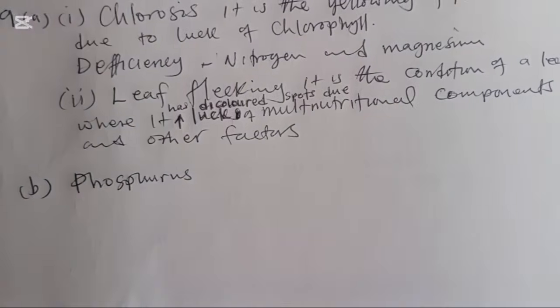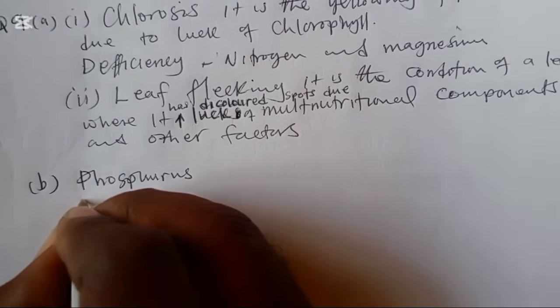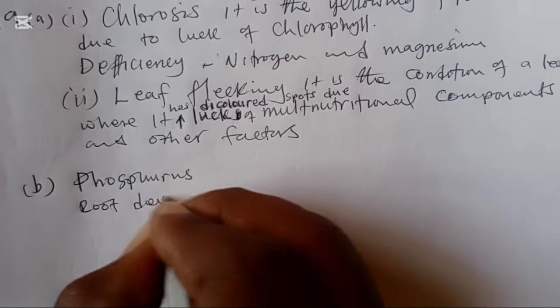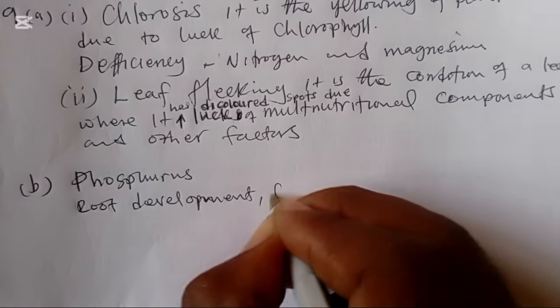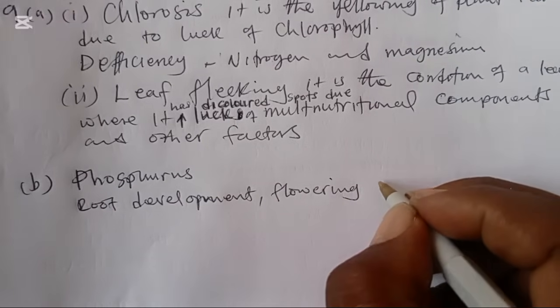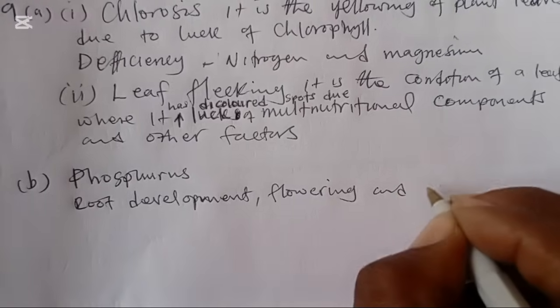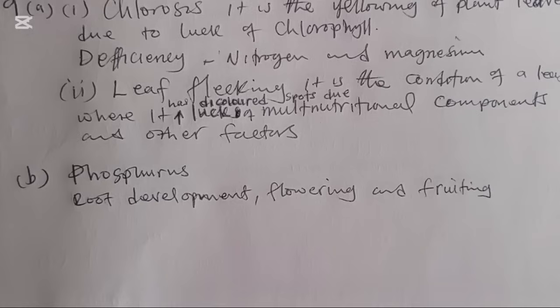So the function of phosphorus is for flowering in plants, for fruiting, not forgetting for root development. So that is the function of phosphorus.